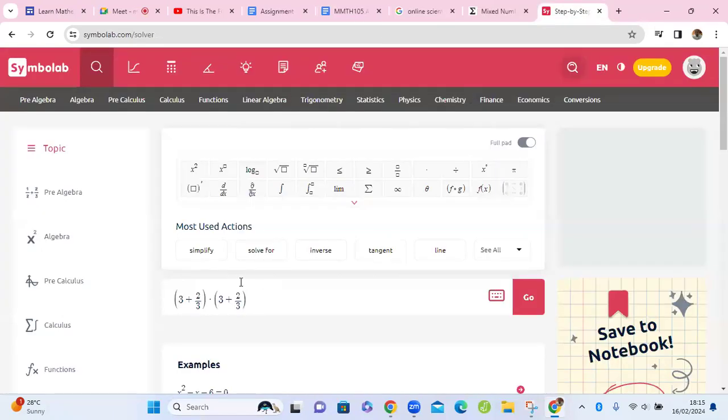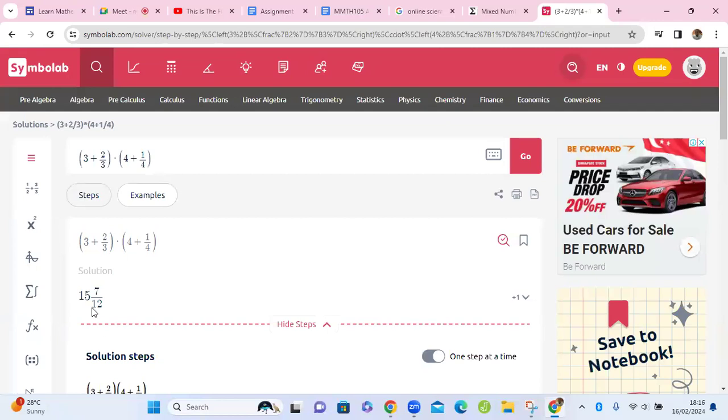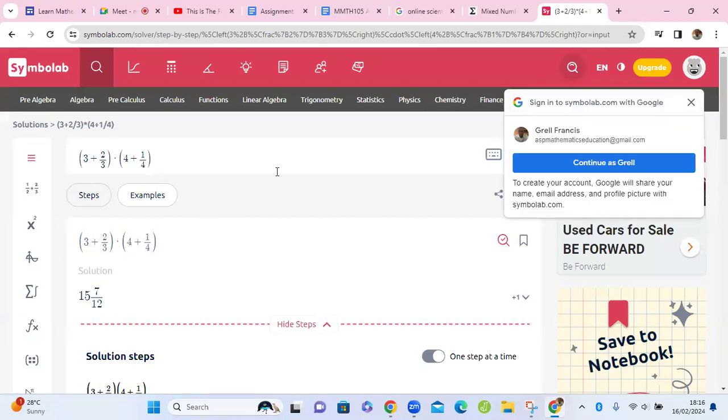So let's see if we get the 15 and 7/12. 4 and a quarter is the same as 4 plus a quarter. And type enter. And here it is, 15 and 7 over 12.